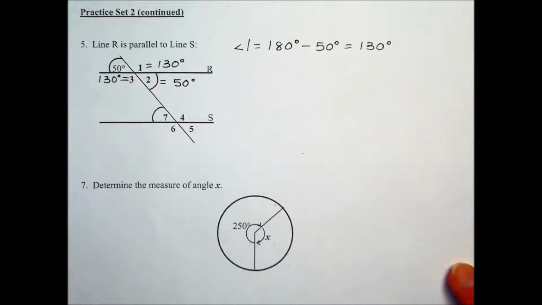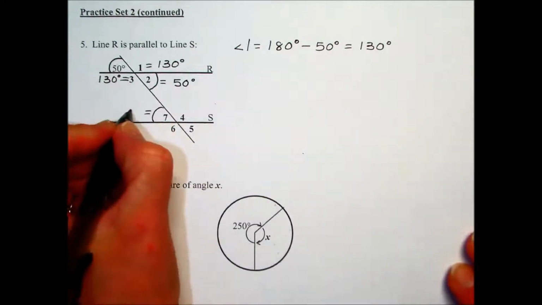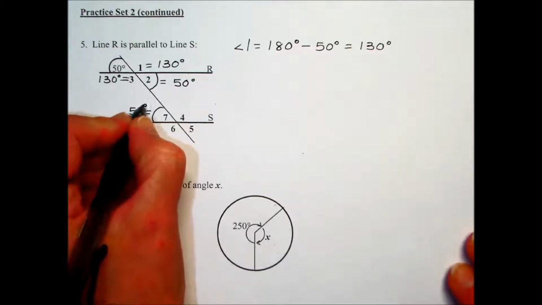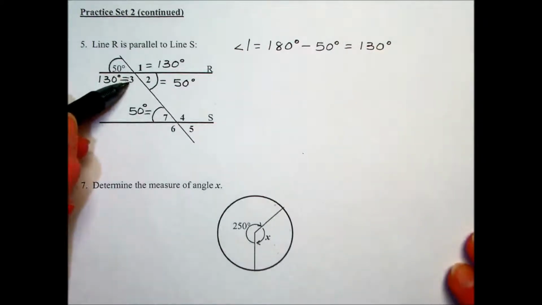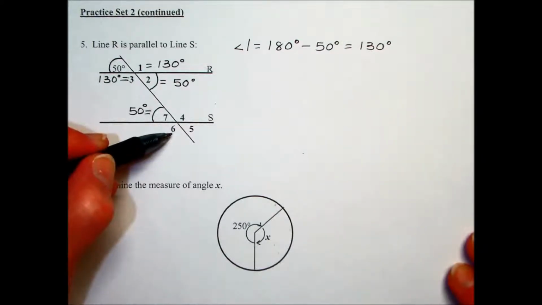When you have corresponding angles, they are equal. I can use that same relationship to find the measure of the remaining angles that are unknown.